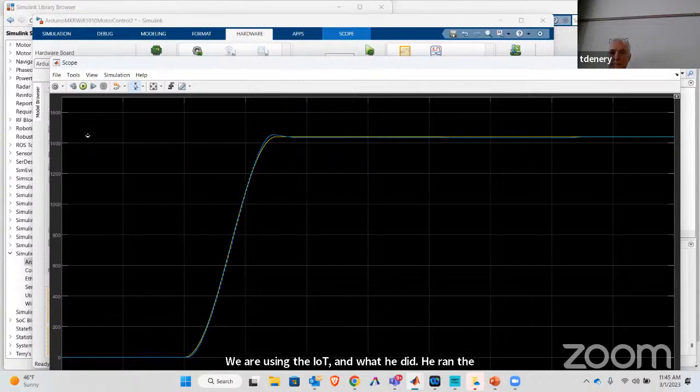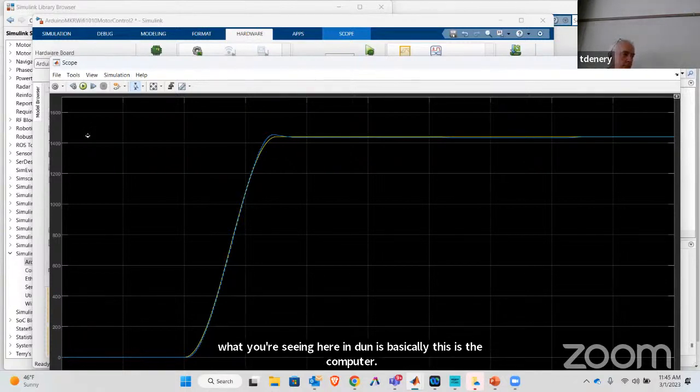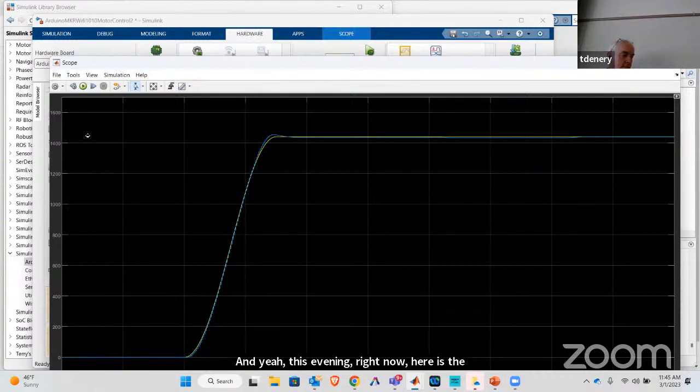So what you're seeing here, this is the computer, and the Simulink right now is the interface. This is what Terry just did. And this is the microcontroller part, the hardware program being run on the microcontroller, similar to what you do in microcontroller class.